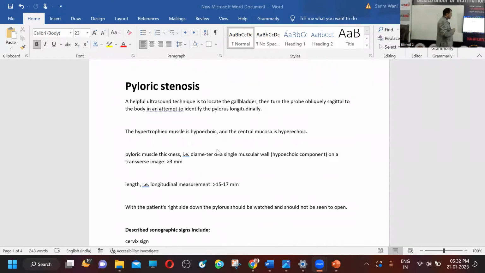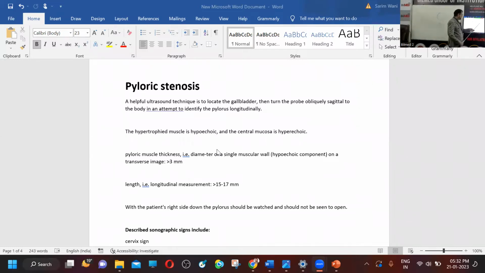see, when I say pyloric stenosis, ultrasound is a helpful tool over here for diagnosing this pyloric stenosis. The technique is that first you have to locate the gallbladder. Try to understand, you have to locate the gallbladder first.